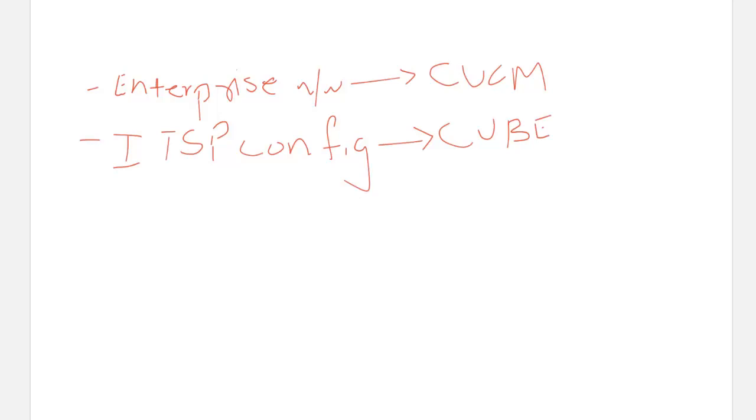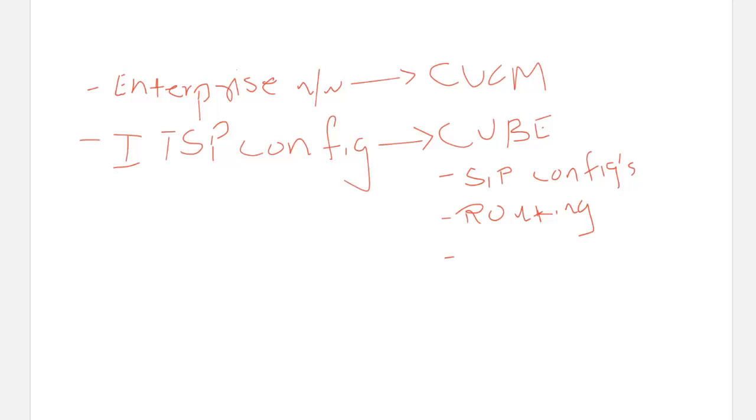And again, in the CUBE side of the configuration, I would divide it into the important SIP configs, the basic SIP configs that are needed for a CUBE to work, and then we would have a look at the routing part of the configurations, the routing.